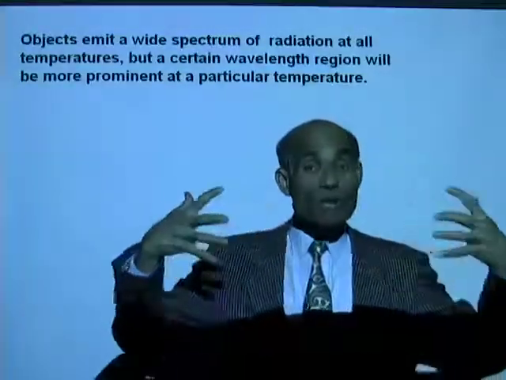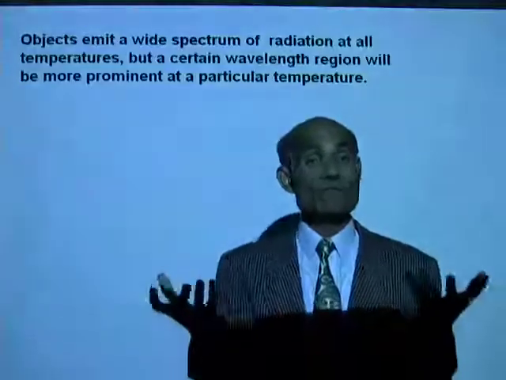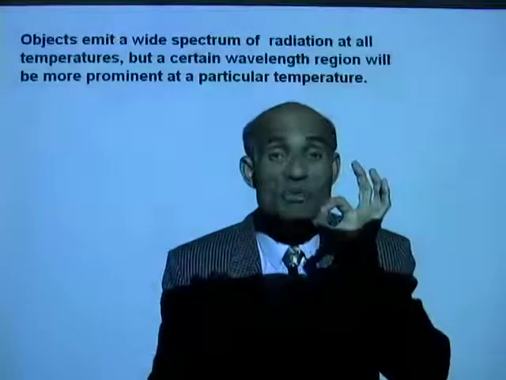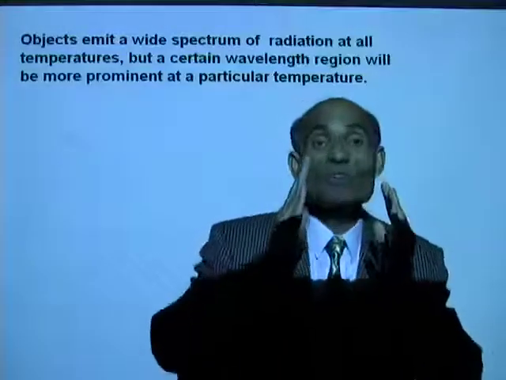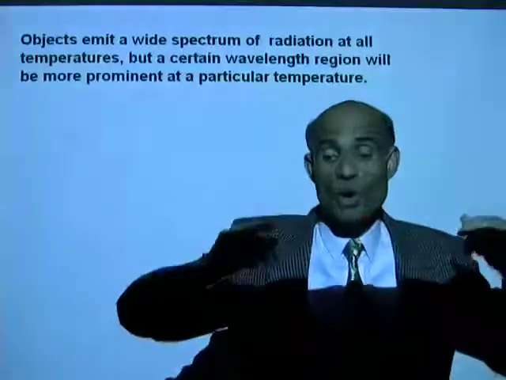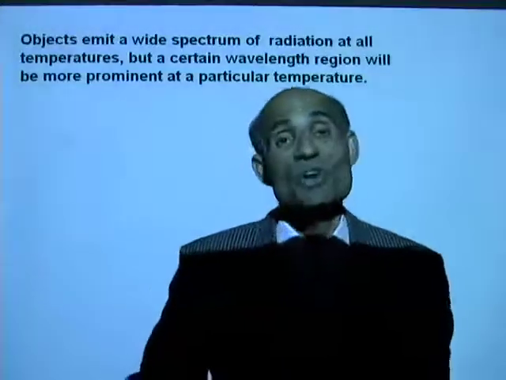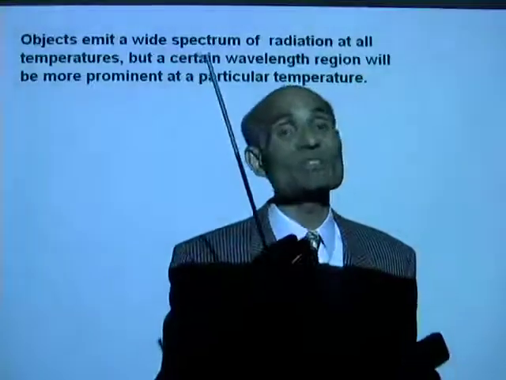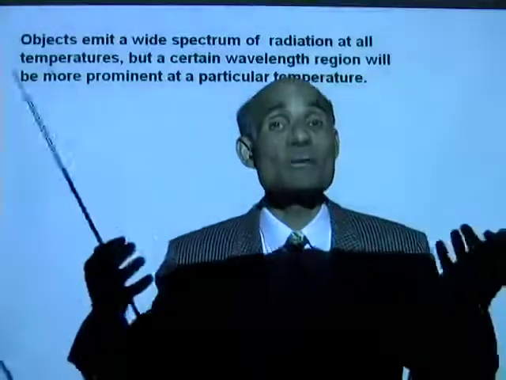Well, a human body will radiate also radio waves and other waves. But at a given temperature, one wavelength will be most prominent, although others will also be present. So, the most prominent radiation emitted by an object depends on its temperature.